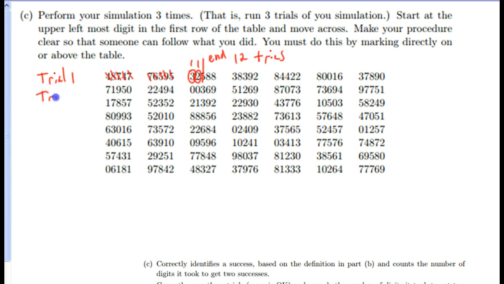And trial 2, it probably would have been good to specify in our directions that we were going to go to the next number line to start our next trial, or whatever your plan was going forward. So end of trial 2. It took 5 tries.